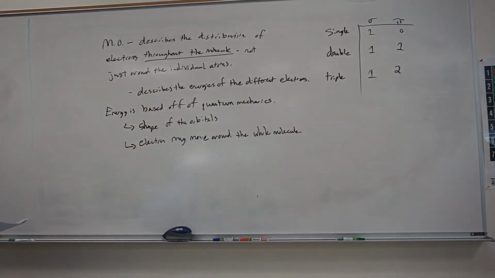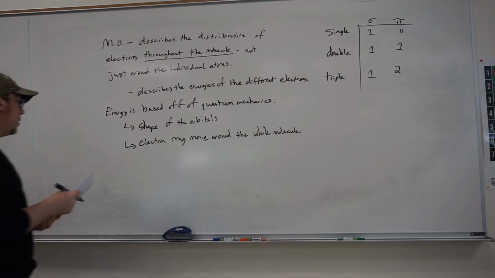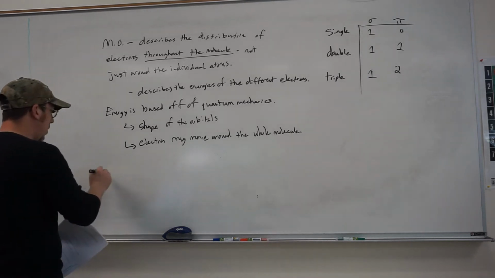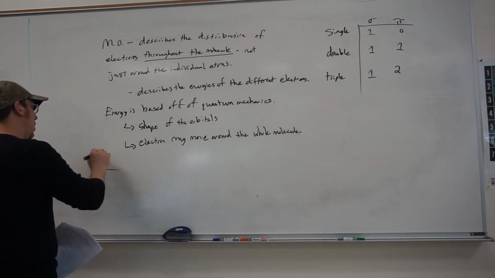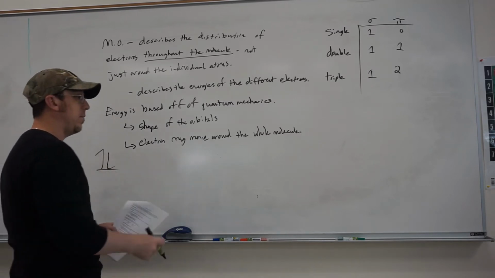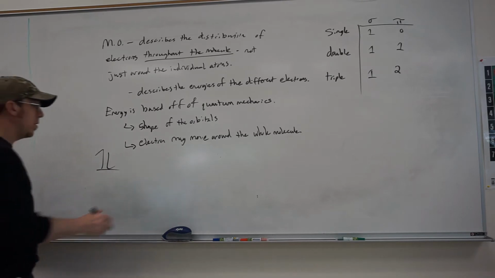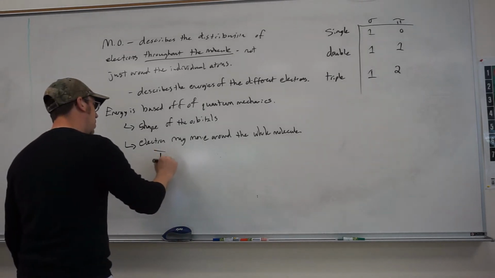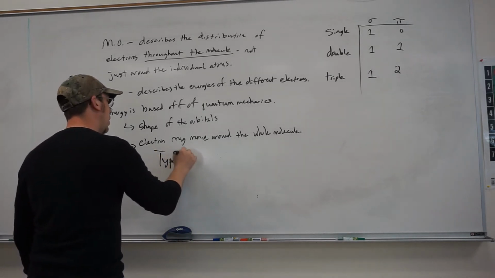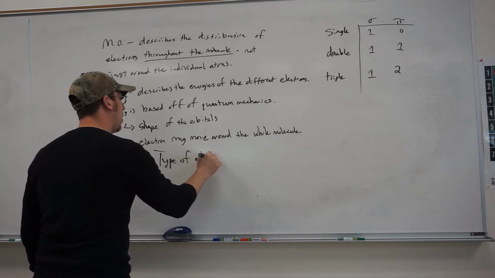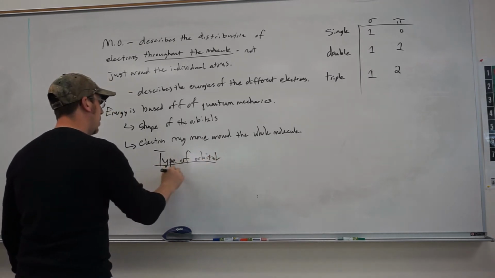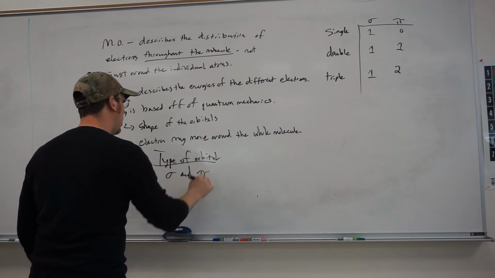Just like we saw with the orbitals before, the maximum number of electrons you can have per orbital is 2. There are 2 different types of orbitals, sigma and pi orbitals.